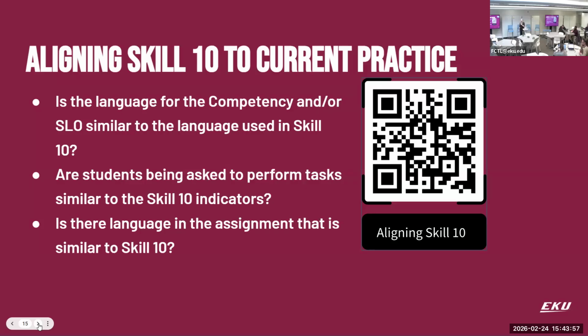All right, so I'm just going to read the indicators that we have here. I'm going to start with a very basic class, so probably in other classes it's going to change. Starting with, let's say, Spanish 101, where students are barely learning to speak. One basic assignment could be, for example, write a blog post where you provide information for students that want to come to study at EKU.